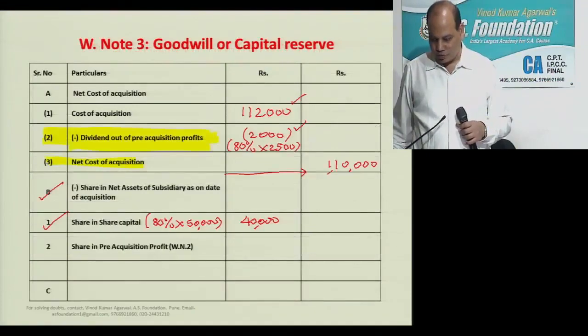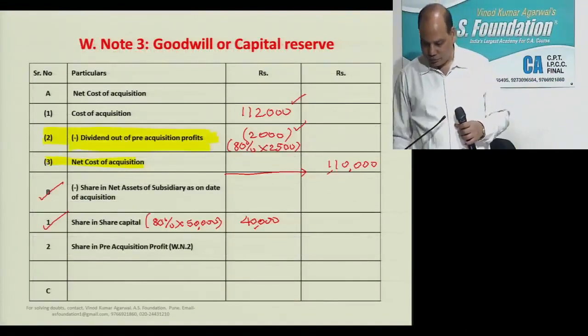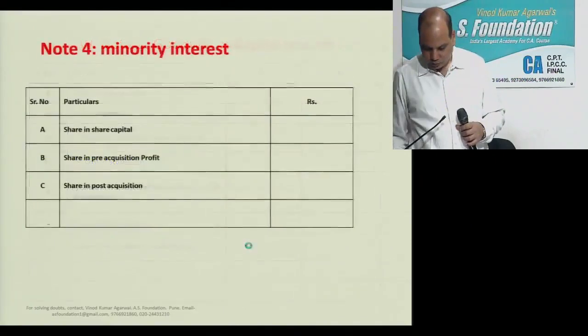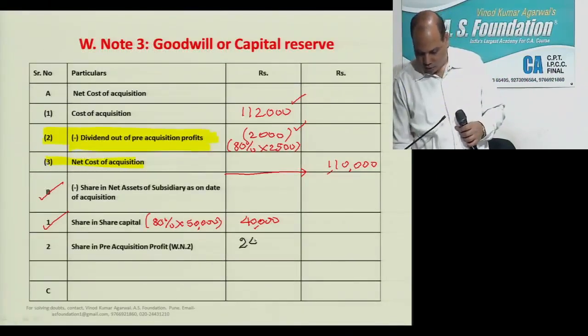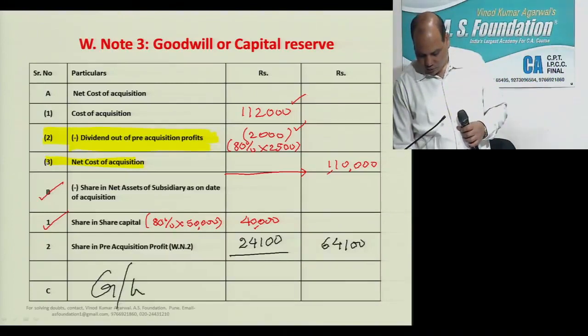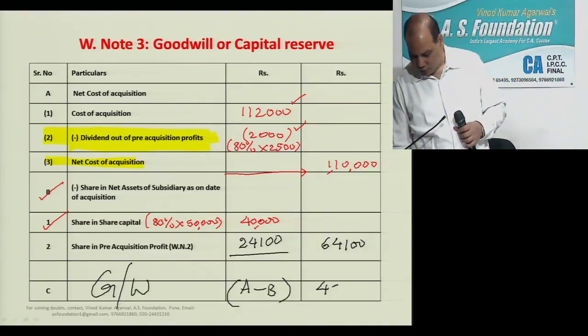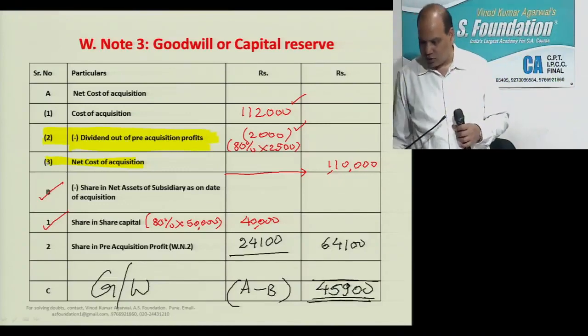Working note 3, line number B2. First column 24,100. Total in the outer column. Goodwill is equal to A minus B, 45,900. Go to balance sheet asset side.